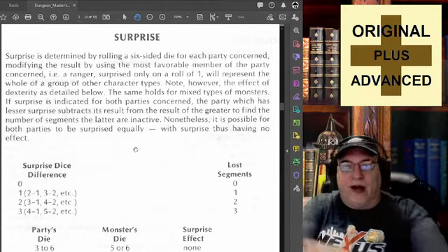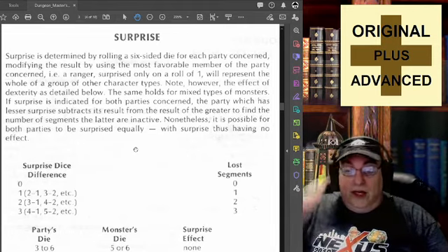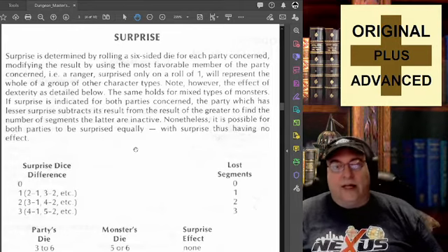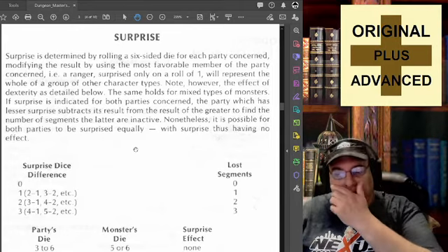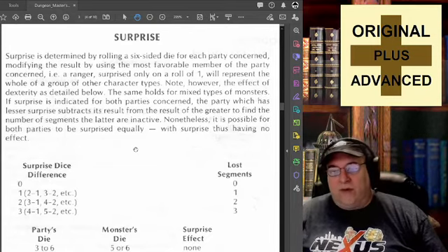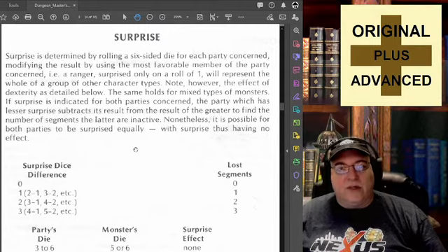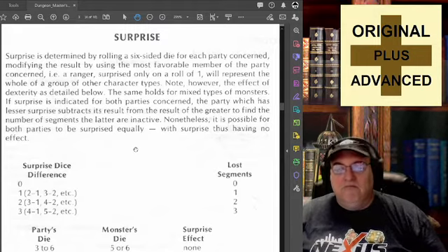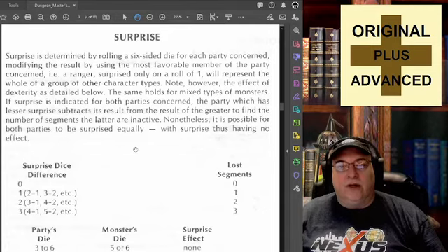If you roll for surprise, and generally it's a 1 or a 2 on a 6-sider, and you roll a 3, 4, 5, or 6, okay, nobody's surprised. If they have a Ranger in the party and thus are only surprised on a 1, and you roll a 2, and they're not surprised because of the Ranger, make sure you talk to the Ranger as if the Ranger is the one that is not surprised and is alerting everybody.